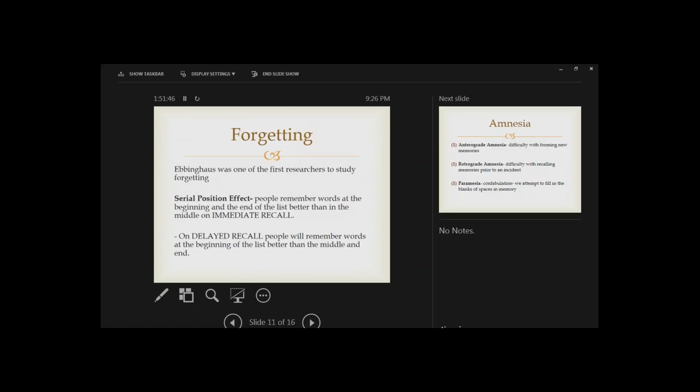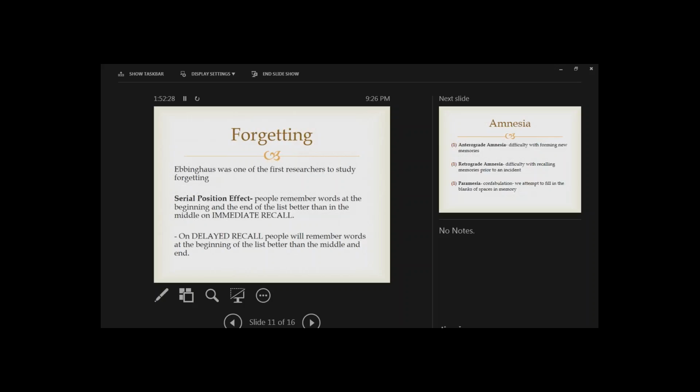Eggs, milk, bread, duck with cheese, yogurt, salad, chocolate, bananas, and I cover it and say, tell me what was on that list. What memory are you going into? Short term. What specifically within short term? Primary, good. If I say, tell me the list backwards, now what? Working, good, because that's manipulating.